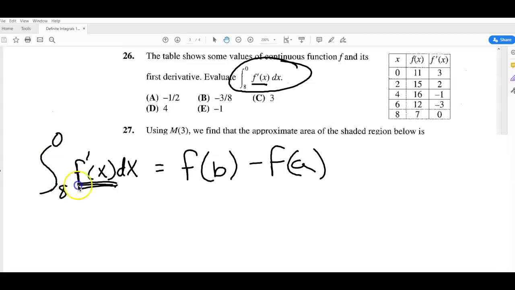So if I integrate this, then basically the integral of f prime gives me f, and when you plug in your upper limit, that's what comes first, your lower limit comes second, and now we just use the table. So f of 0 is 11, and f of 8 is 7, for a final answer of 4.